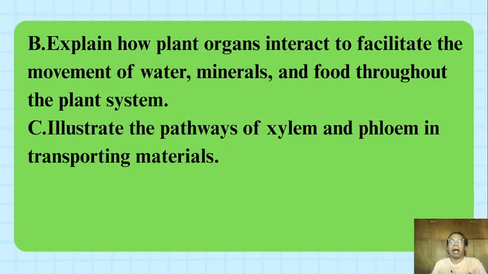B. Explain how plant organs interact to facilitate the movement of water, minerals, and food throughout the plant system. C. Illustrate the pathways of xylem and phloem in transporting materials. We'll have the next part of this lesson.